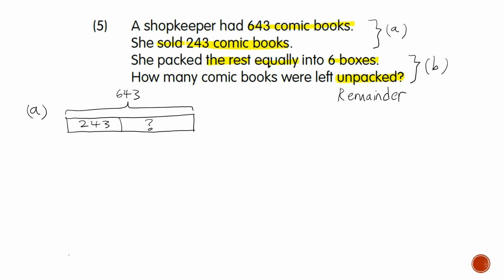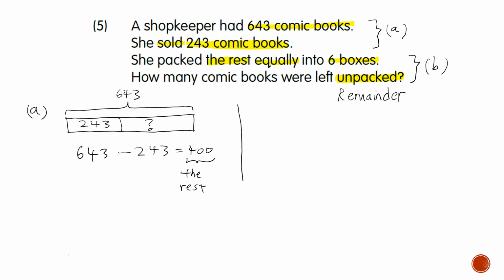So first we have to find the rest. This question mark is the rest. By looking at it, I can use a mental sum. 643 minus 243, I will get 400. This is what they call the rest.